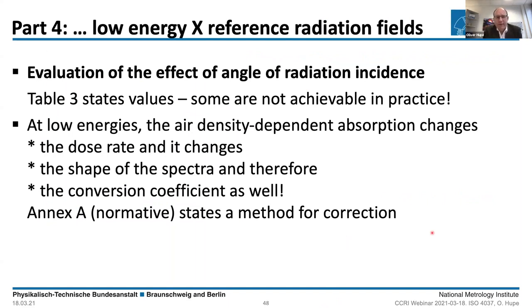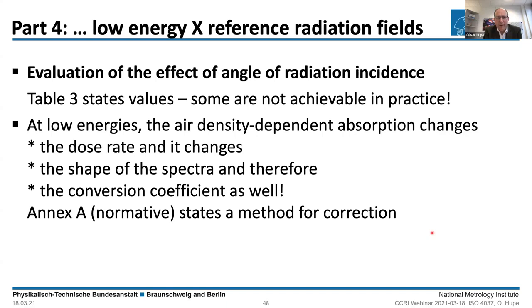As I said, table 3 states values for the requirements on the angle accuracy. It's really interesting, and you wouldn't believe it before you look at this table. At low energies, the air density dependent absorption changes. So if the air density changes, for sure the dose rate changes.